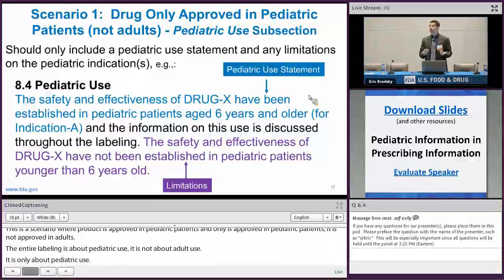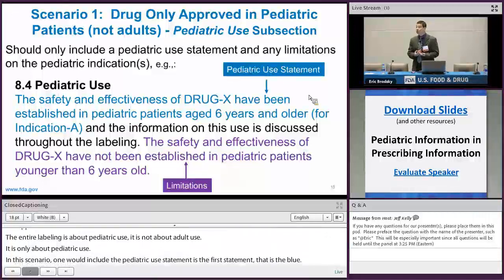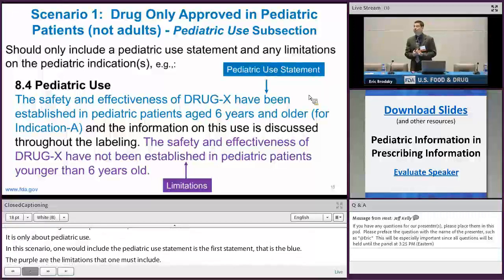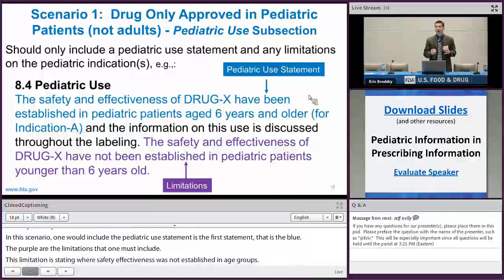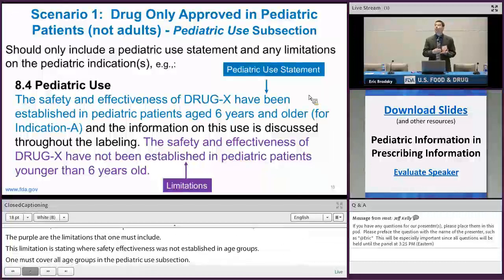That's the blue. And the purple are the limitations that one must include. This limitation is stating where safety and effectiveness was not established, the age groups. One must cover all age groups in the Pediatric Use subsection, and also must cover all indications, whether they're adult indications or pediatric indications.